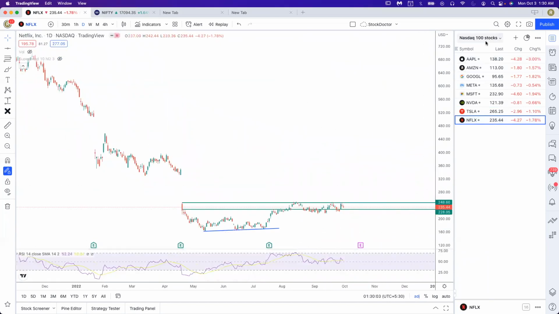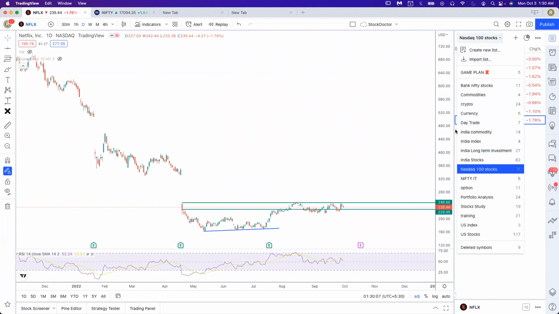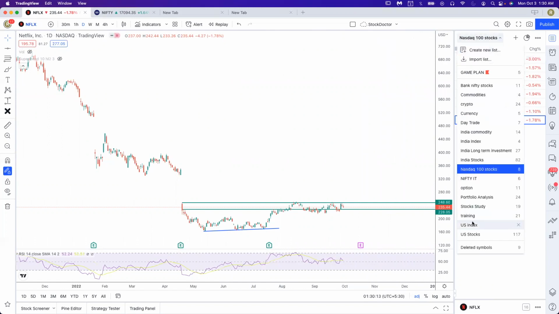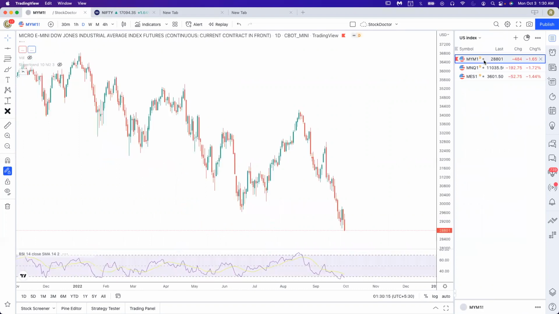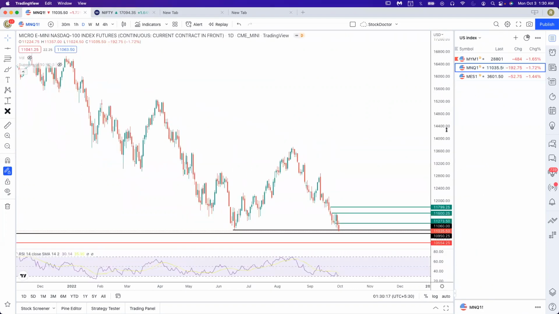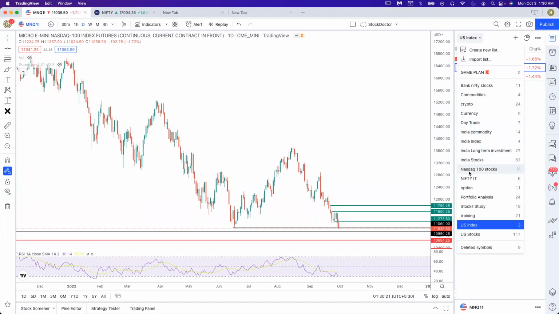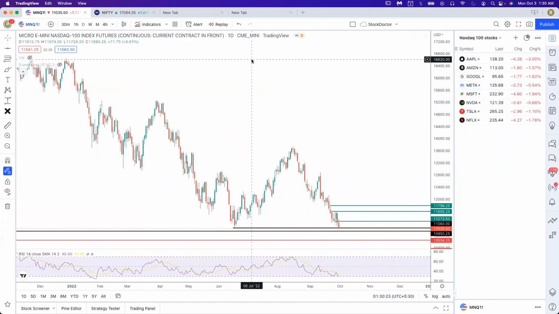So I would say if Nasdaq 100 comes towards the pre-COVID high of 9800 level, which I mentioned, let us see one more time, pre-COVID high 9750. If Nasdaq 100 comes to that level, then definitely we need to add all these stocks in our portfolio.